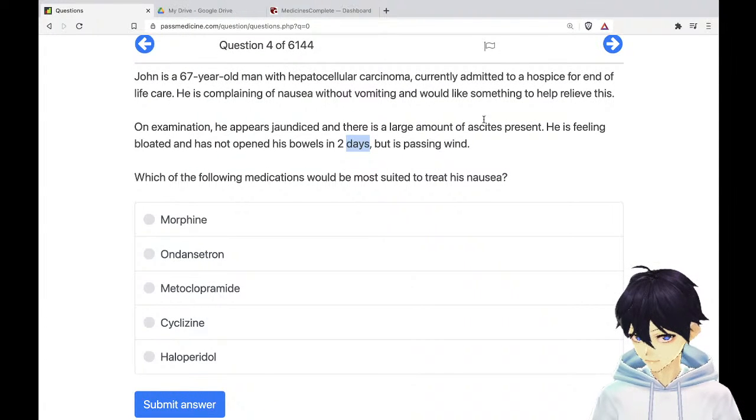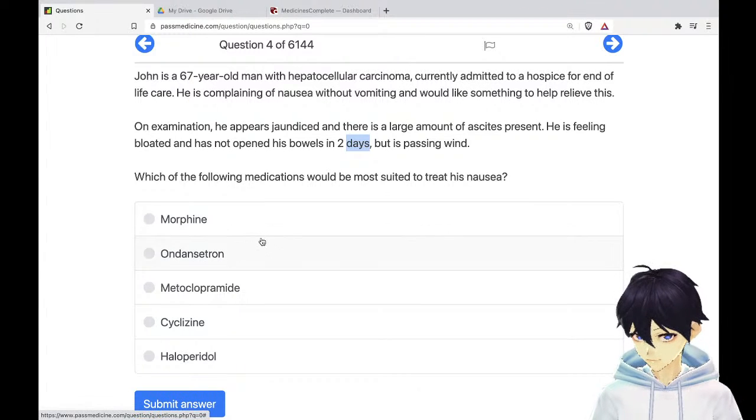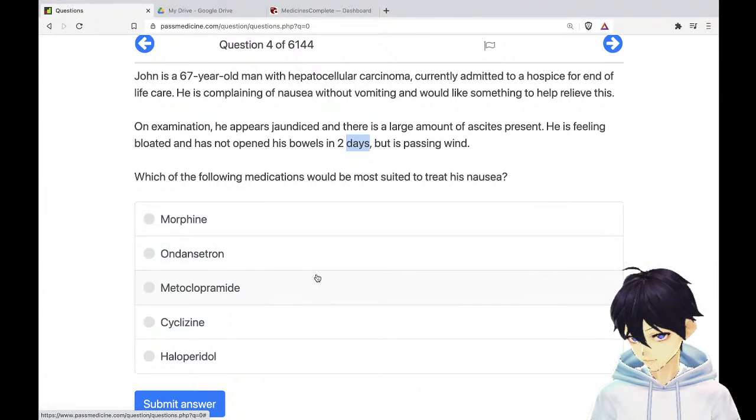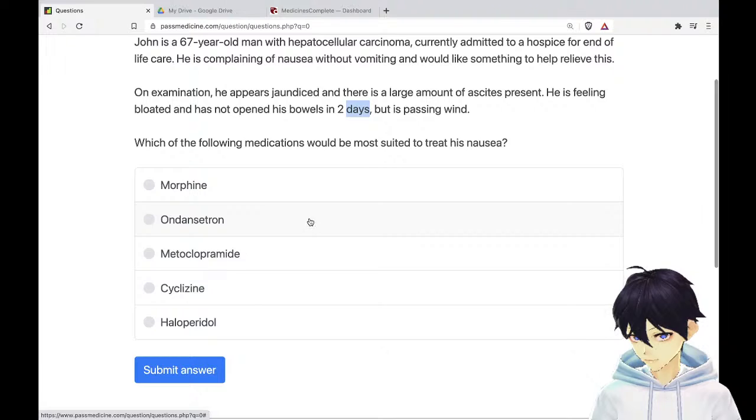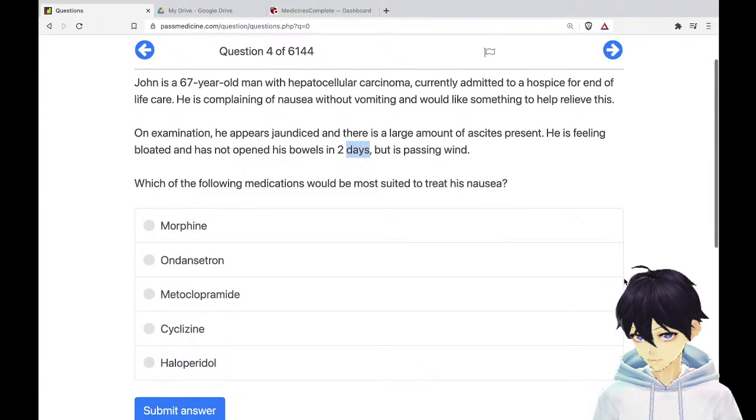Is he on any medications? Morphine doesn't treat nausea. What treats nausea here are ondansetron, metoclopramide, cyclizine, and haloperidol. So among these four, which one is the most suitable?